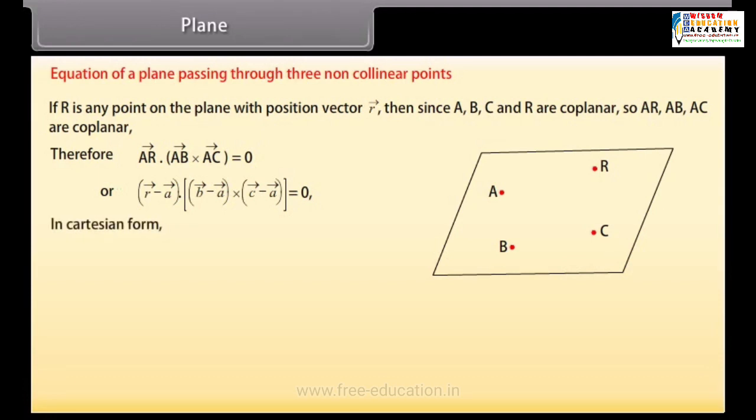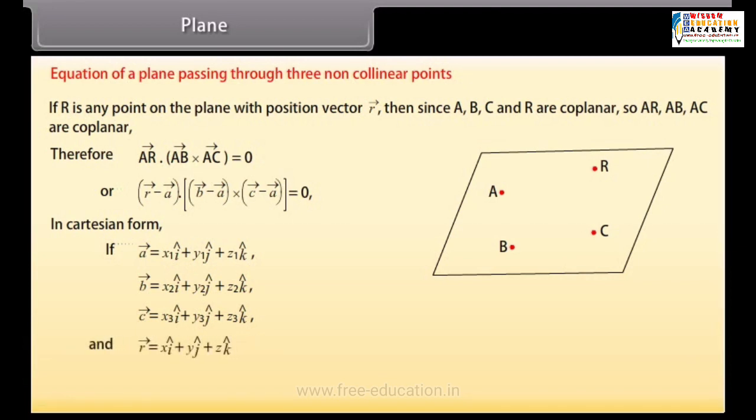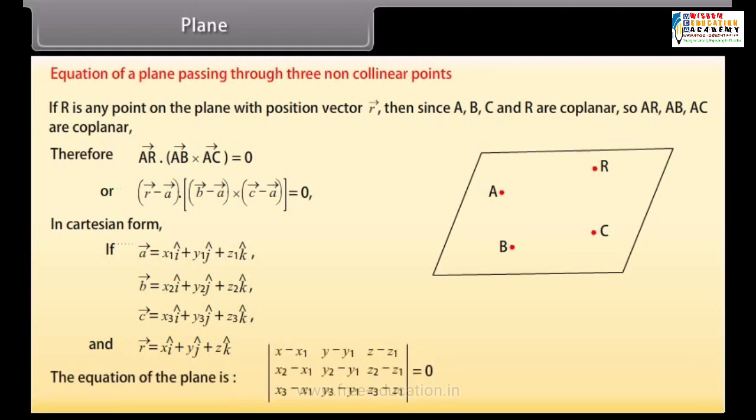In Cartesian form, if vector A equals x1 cap i plus y1 cap j plus z1 cap k, vector B equals x2 cap i plus y2 cap j plus z2 cap k, vector C equals x3 cap i plus y3 cap j plus z3 cap k, and vector R equals x cap i plus y cap j plus z cap k, the equation of the plane is the determinant, row-wise.